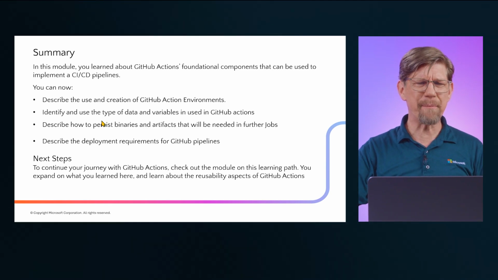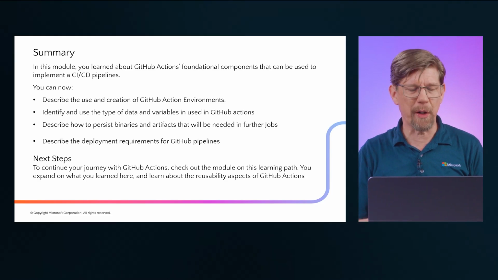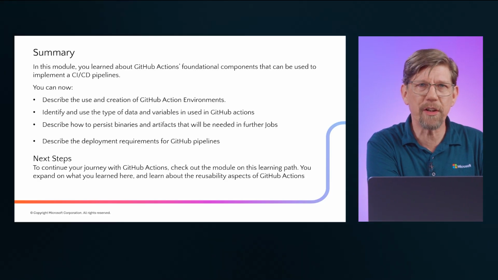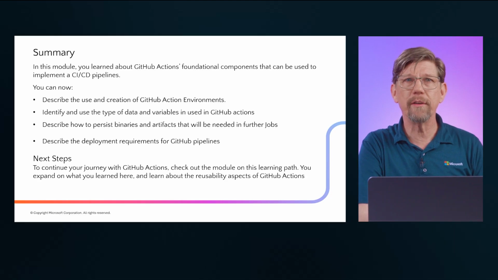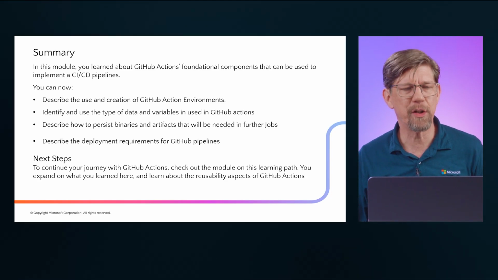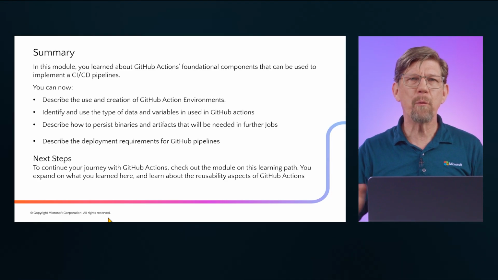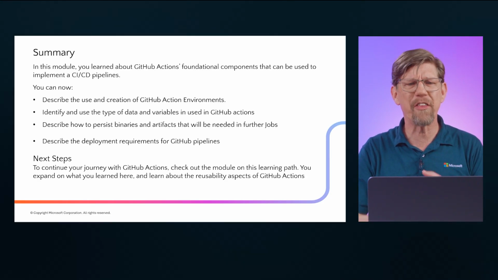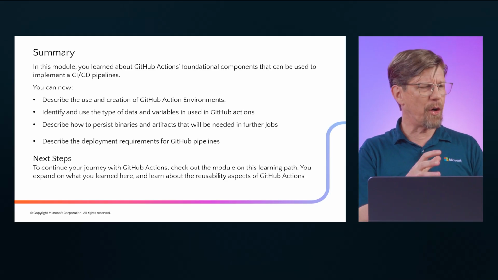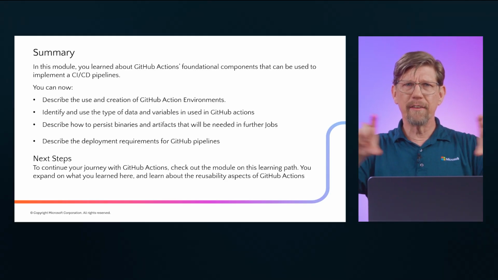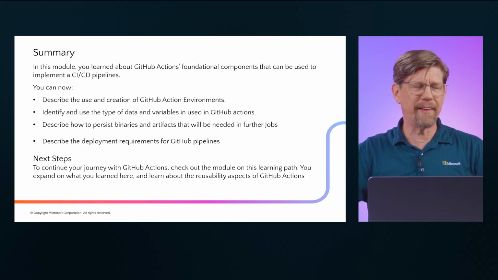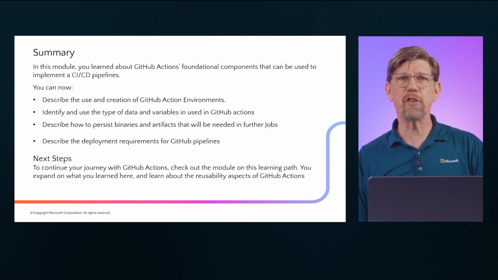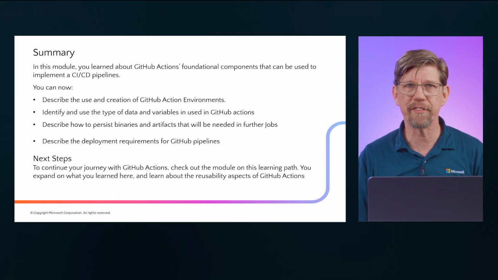We talked about the types of data that we are going to be passing around, both the native GitHub objects that are built in and your own variables that you may be using in your pipeline. We've looked at where we're going to put artifacts, where they're going to go, and we saw there were really 3 different areas that they could go into: the pipeline repository, right? The pipeline data, which is using the upload artifact and download artifact.